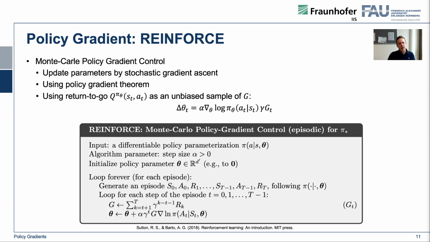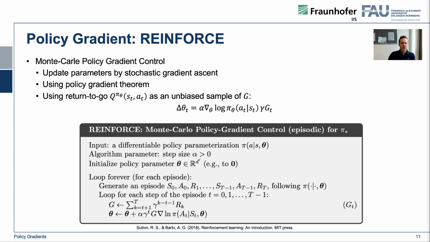The general idea of REINFORCE is that you update parameters of a policy using stochastic gradient descent. You use the policy gradient theorem, so you estimate the policy gradient like this, and you use the return to go, which is the estimate of the Q function, as an unbiased sample of your return. I will tell you in a minute why it is an unbiased sample.